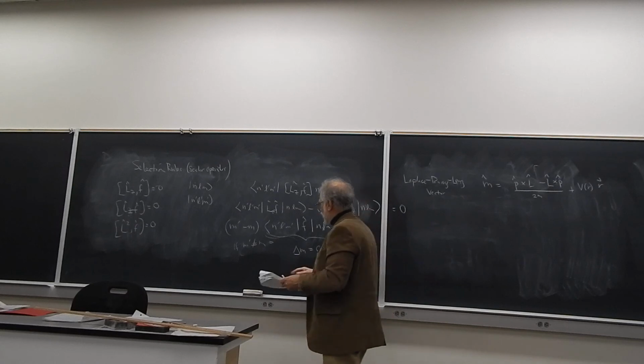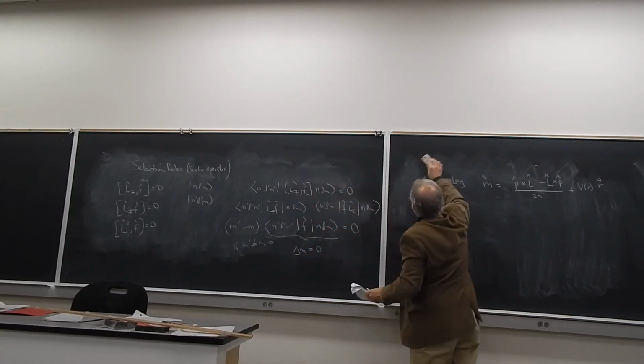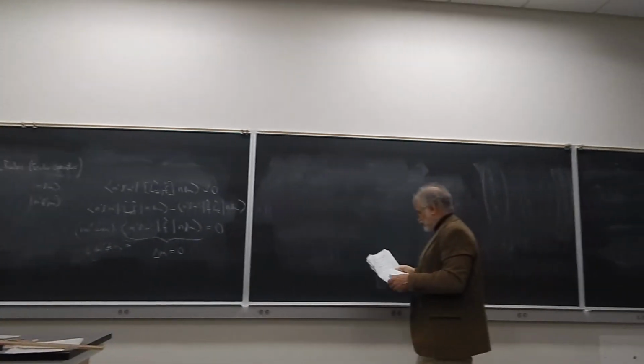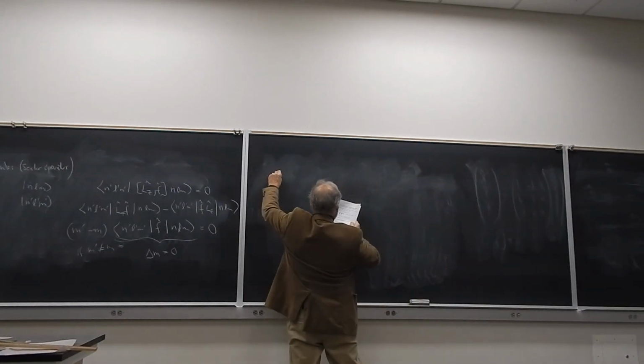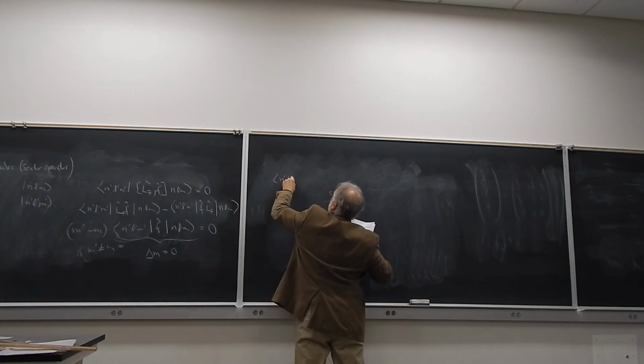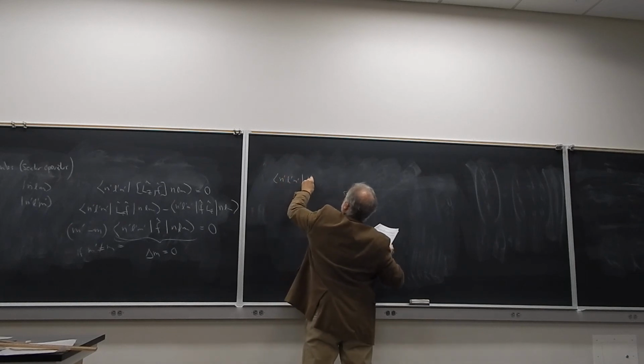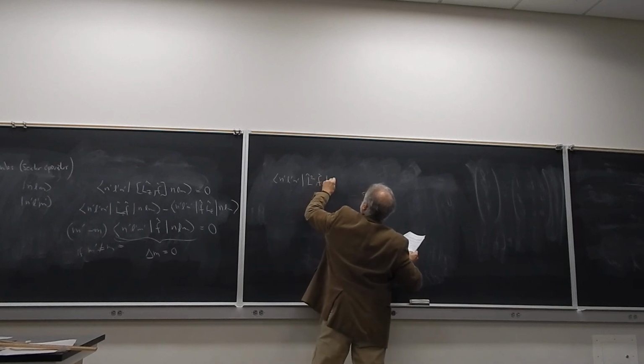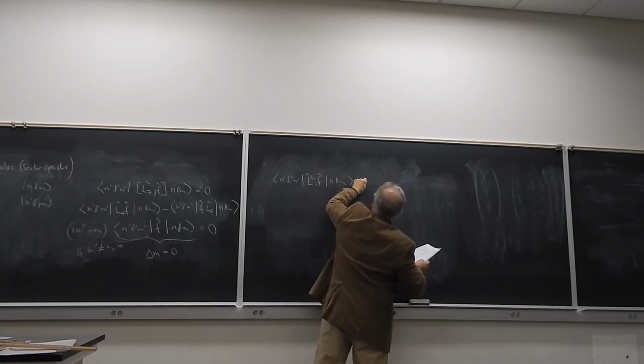How about for L squared? For L squared, you have n prime, l prime, m prime, L squared F, n, l, m equals 0.